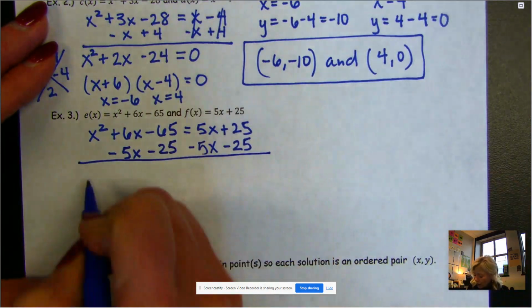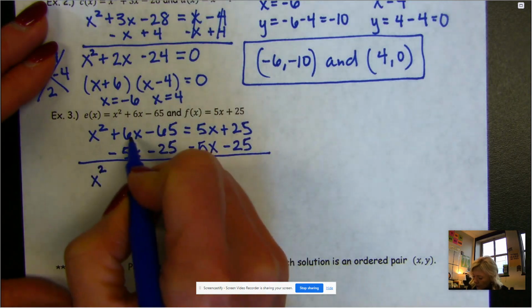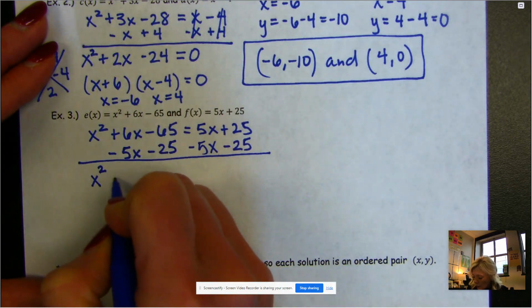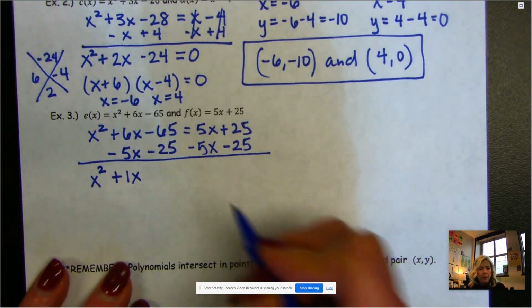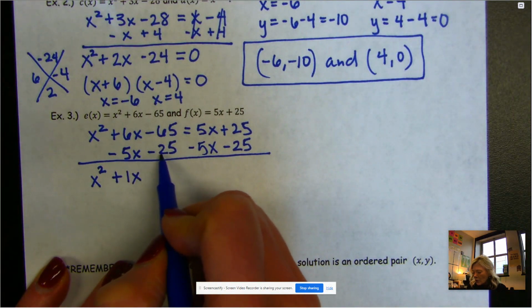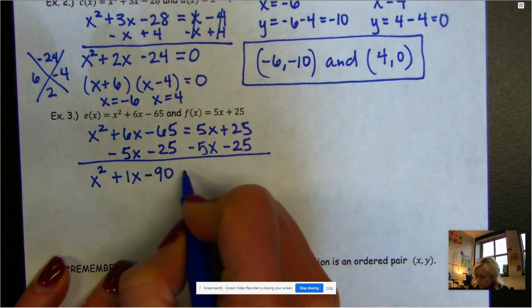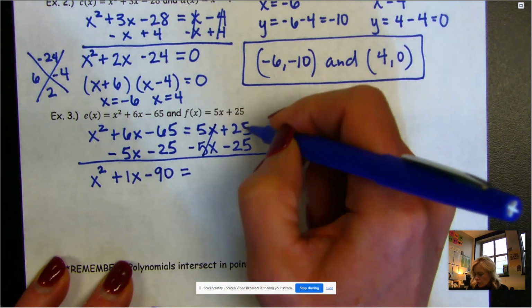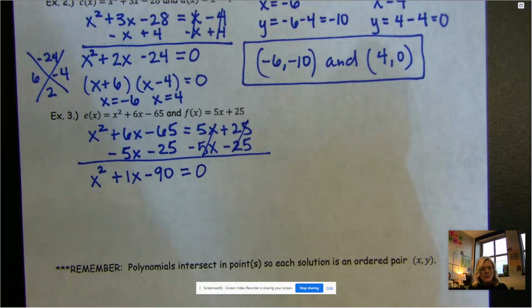Okay, so again, bring down the x squared. 6x minus 5x is just 1x, so I'm going to write plus 1x. You don't need the 1 there, but it's a good reminder. And then negative 65 minus 25 is negative 90, so minus 90 equals 5x minus 5x is 0, 25 minus 25 is 0, so this side is just 0.